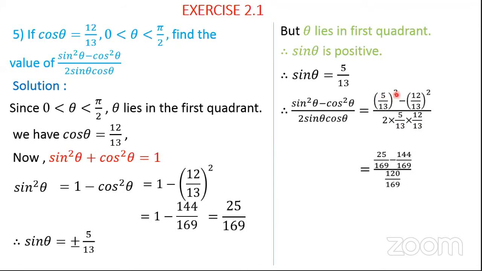Taking squares for the numerator, and by doing the product in the denominator, we have 25 by 169 minus 144 by 169, and in the denominator it is 120 by 169. So again simplifying, finally we have the value minus 119 upon 120 as the value of the given expression.